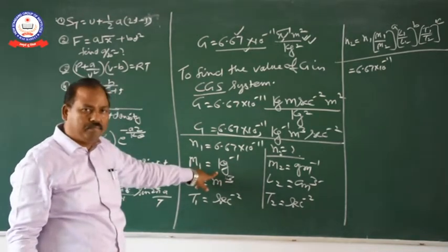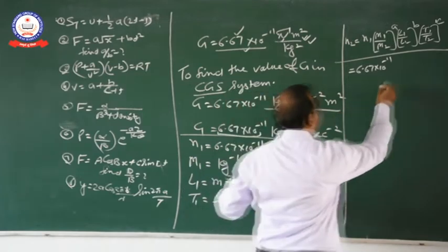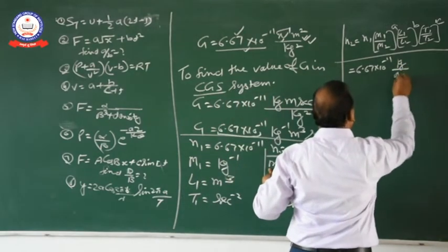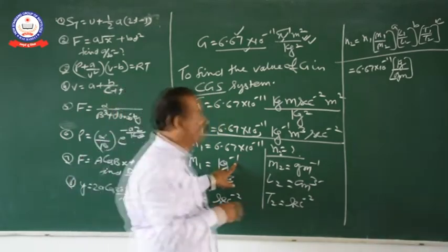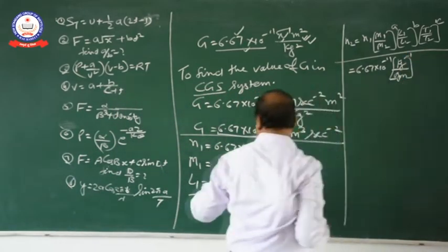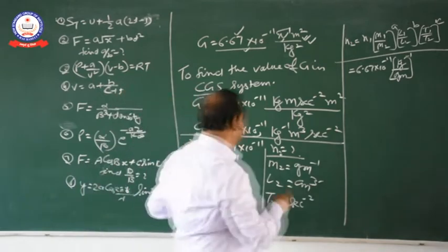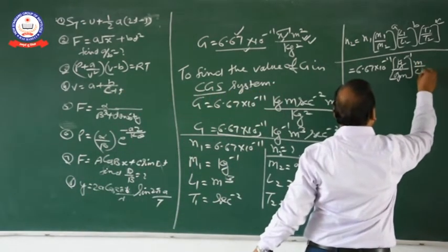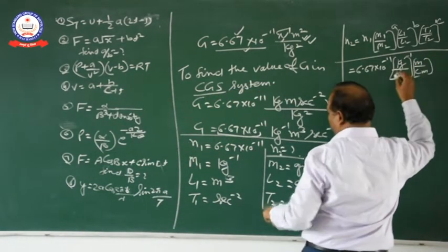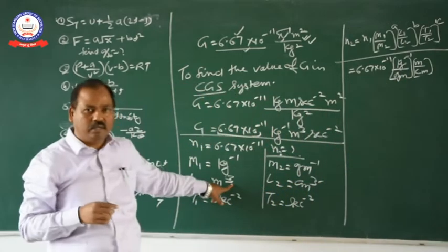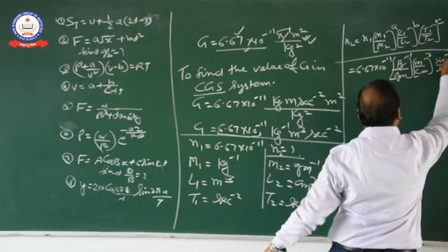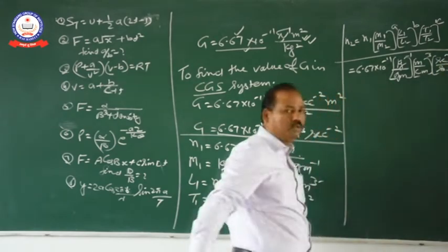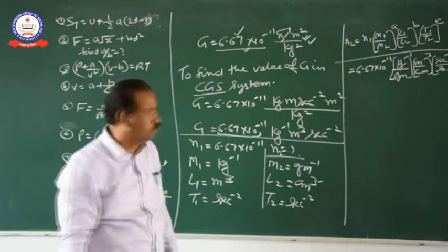M1 kilogram, M2 gram, kg upon gram with dimension minus 1, okay? L1 meter upon centimeter, power dimension 3, and second upon second raised to power minus 2, okay?